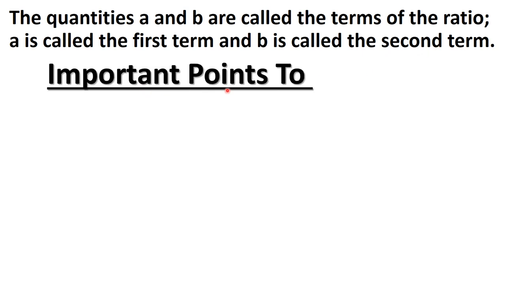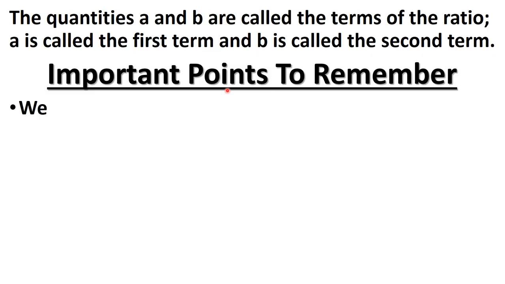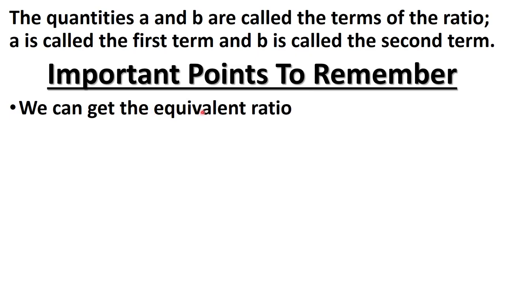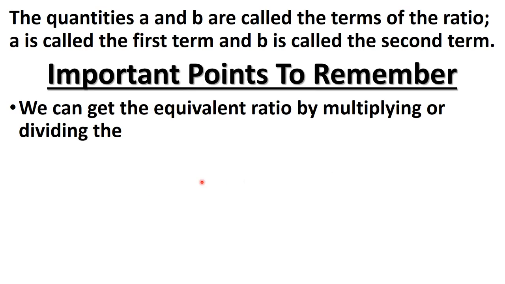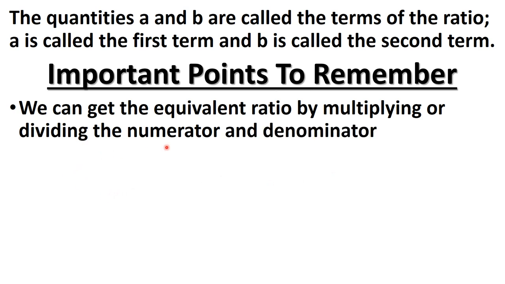Now, important points to remember. First, we can get an equivalent ratio by multiplying or dividing the numerator and denominator by the same number. See, we are writing the ratio in the form of a fraction.